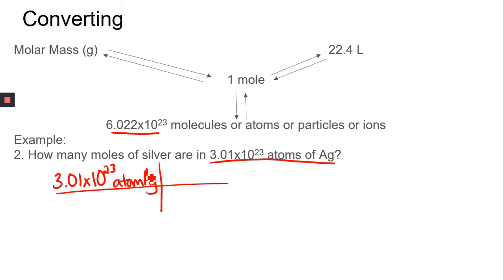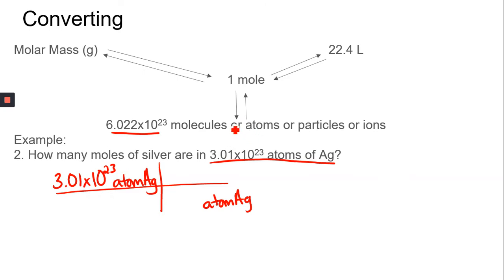We bring the unit and the substance diagonally down so that when we multiply and divide it will cancel. So unit and substance diagonally down.